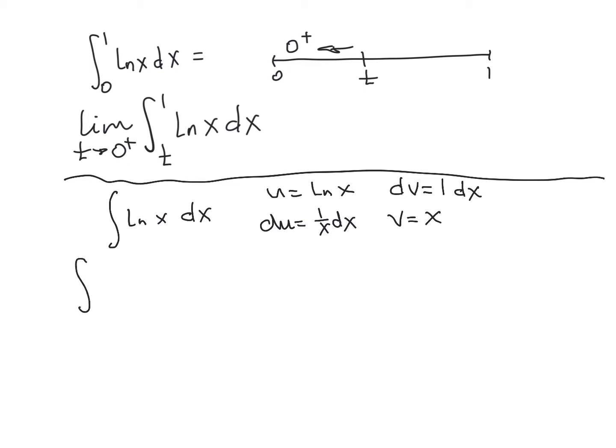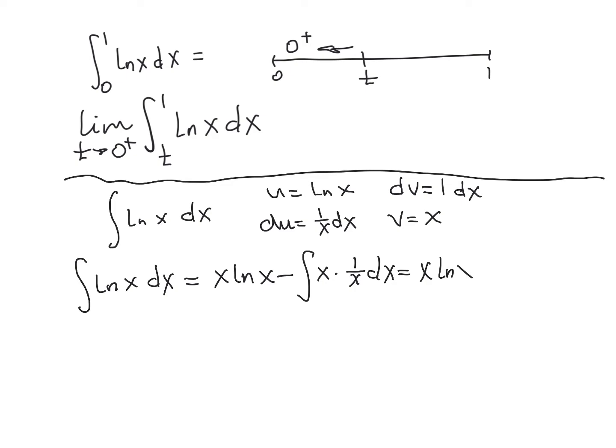So the antiderivative of natural log of x is equal to u times v, which is x natural log of x, minus the integral of v du, which is x times 1 over x dx. You can see the integral on the right is much easier. This is x ln x minus the integral of 1 dx, or x ln x minus x.